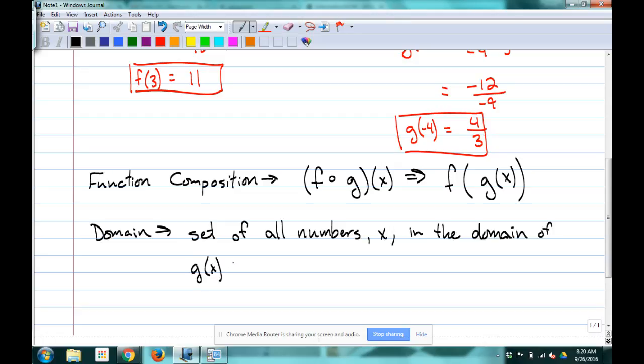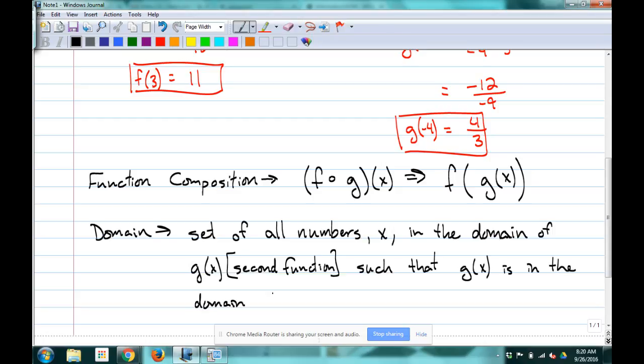And I'm using g of x here, but really I mean the second function, such that g of x is in the domain of f of x. And again, I'm saying f of x, but I mean the first function, because sometimes they swap that around, g composed with f, that sort of thing.